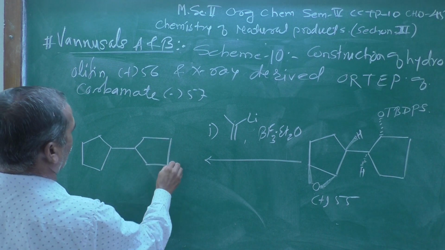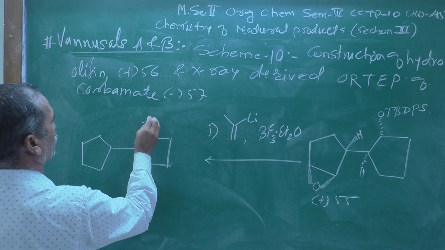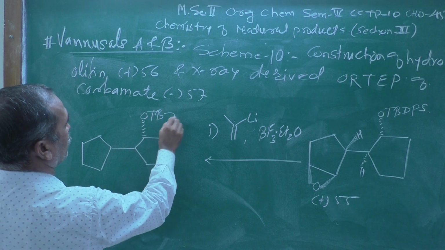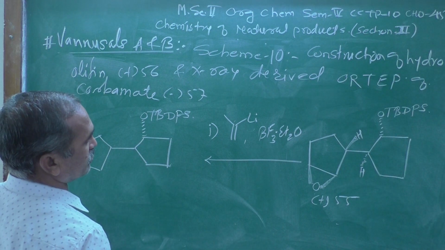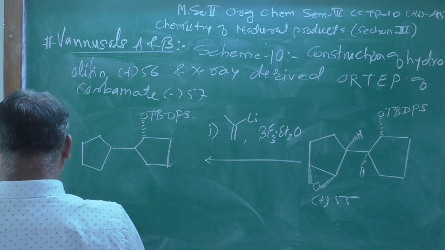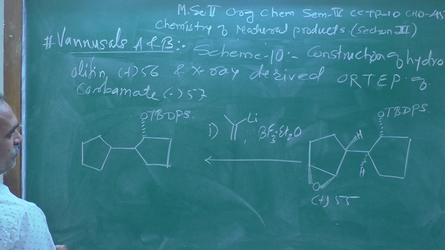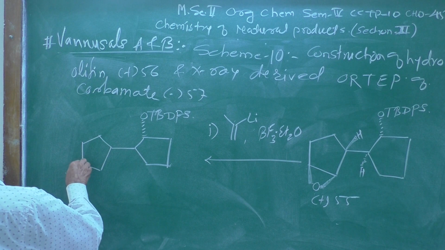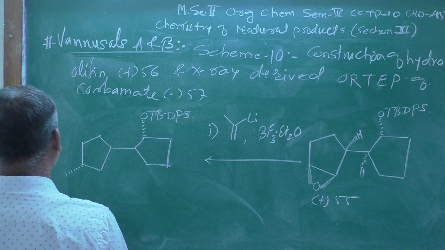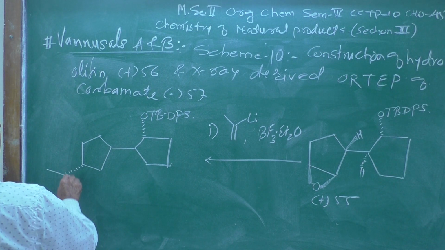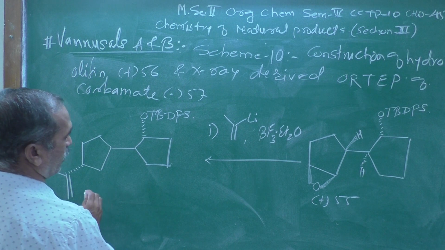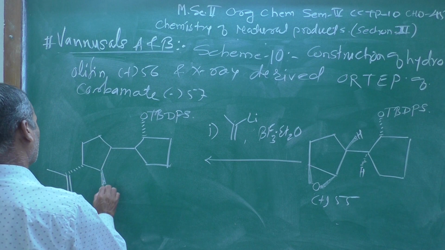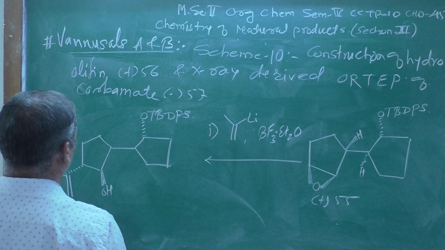Let me show that product. Other part of the molecule, OTBDPS, remains as it is. And now here the group which we have introduced is here, and here is a hydroxyl group which is above the plane.